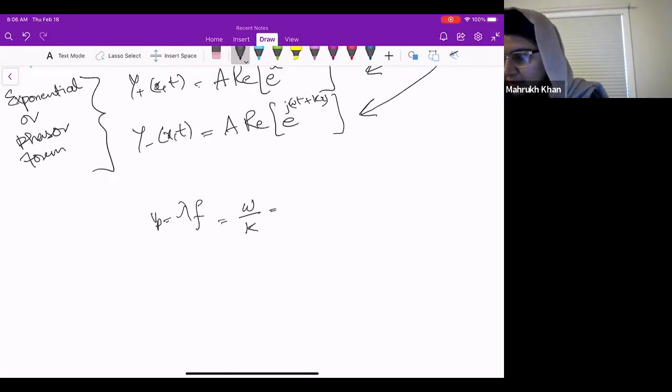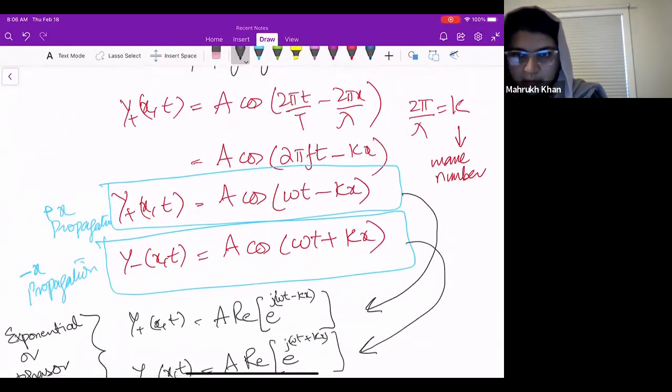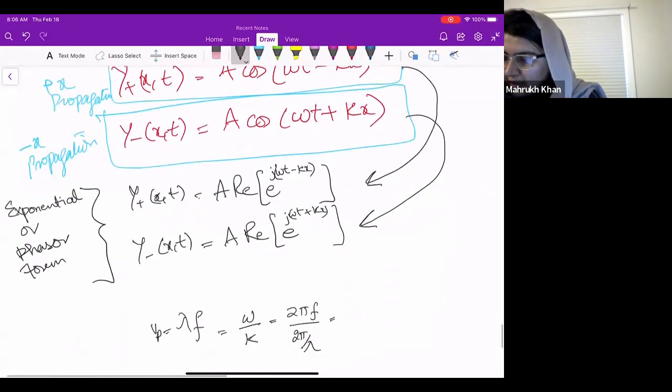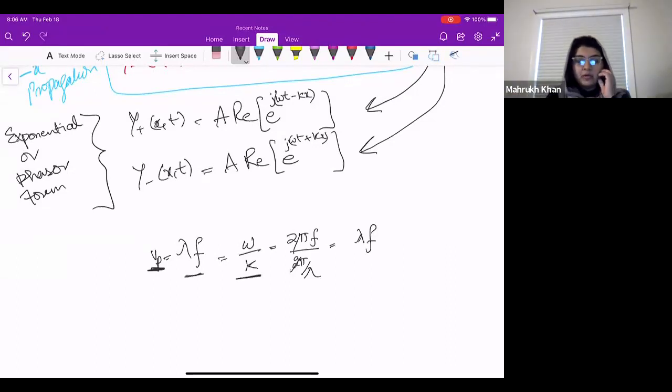Because your omega is 2 pi f, and your k is your wave number, which is 2 pi by lambda. So we can just write it and it will become lambda f. So phase velocity is equal to omega by k and lambda f. That will help you in solving the problem, that relation. Okay, so we are good till here.